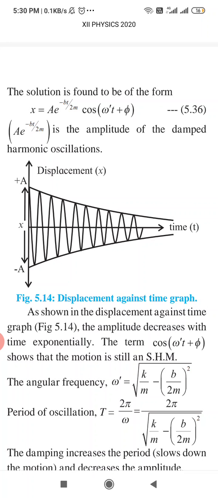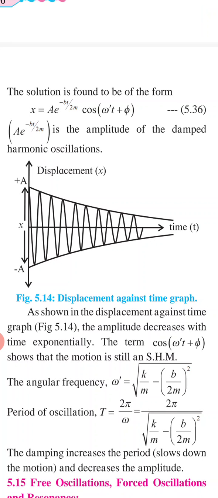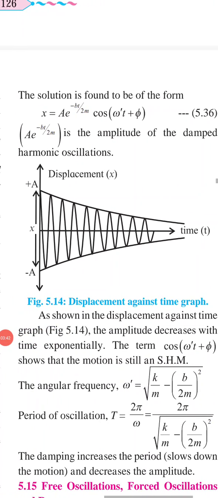The solution is found to be of the form x is equal to a e to the power minus bt upon 2m into cos of omega dash t plus phi, where a e to the power minus bt upon 2m is the amplitude of the damped harmonic oscillator, and this wave will be what? A cosine wave, which always starts from the extreme position.